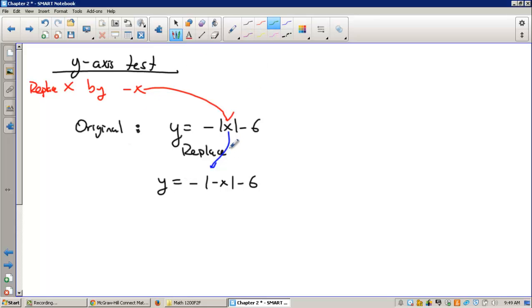I'm just taking x away and putting back minus x. Now here comes the question. Can you make this back to the original? This is new now.